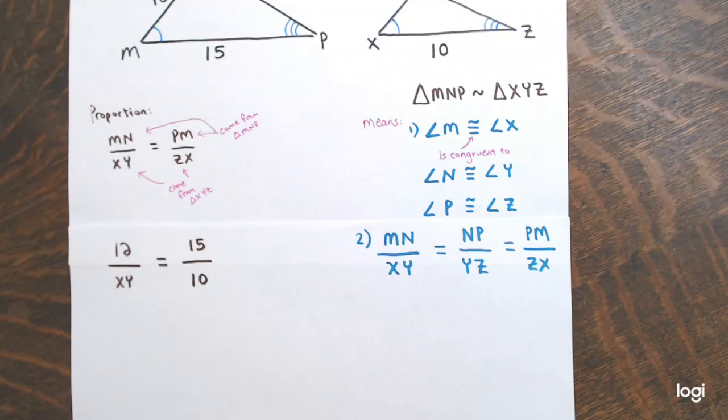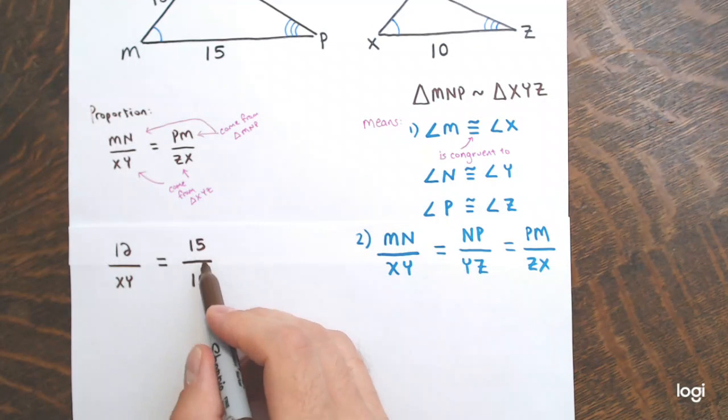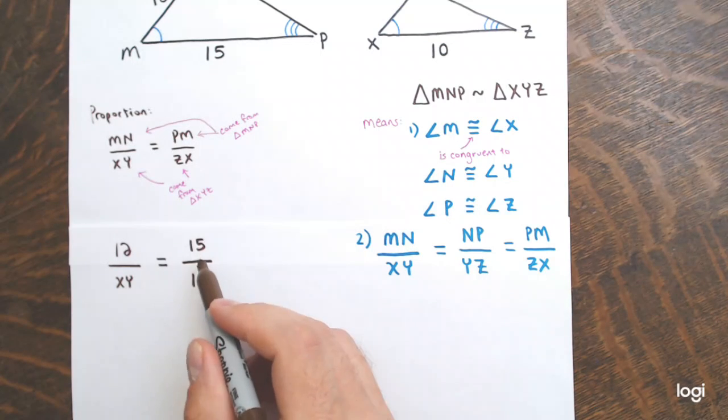You could multiply the extremes and the means, do the cross products, and that's totally fine. But I like to simplify the fractions first and multiply by the LCD. I do the same steps I normally do for solving an equation with fractions involved. So first I'm noticing that 15/10 over here reduces, right?